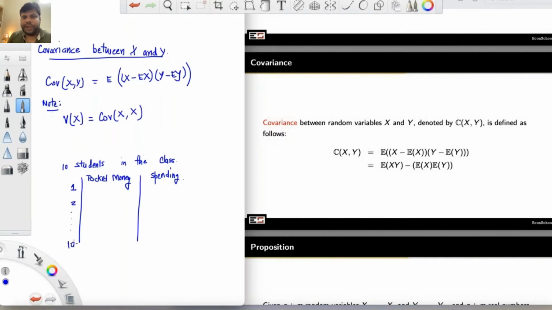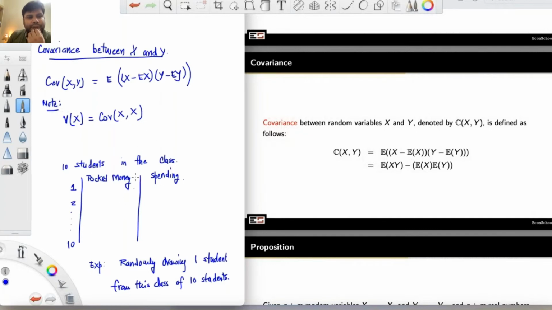Now suppose my experiment is the following: randomly drawing one student from this class of 10 students.